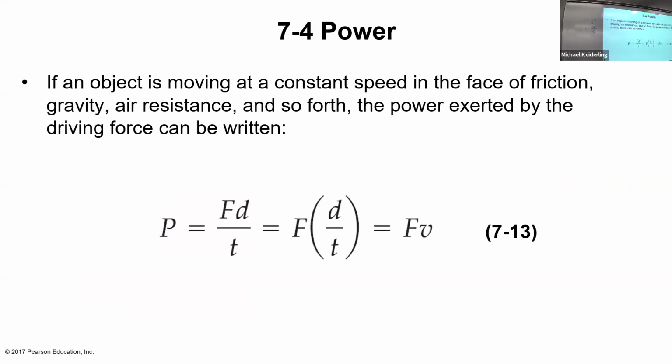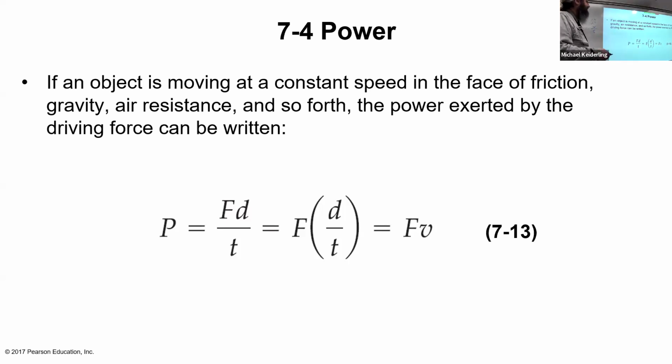Now, if an object is moving at constant speed in the face of some resistance, friction, gravity, air resistance, whatever, well, if you're moving at constant speed, work is just going to be force times distance.